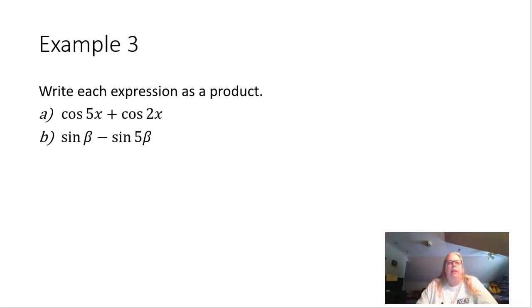Right, now let's apply that. 2 times the cosine of the sum over 2 plus the cosine, I'm sorry, that was supposed to be times.